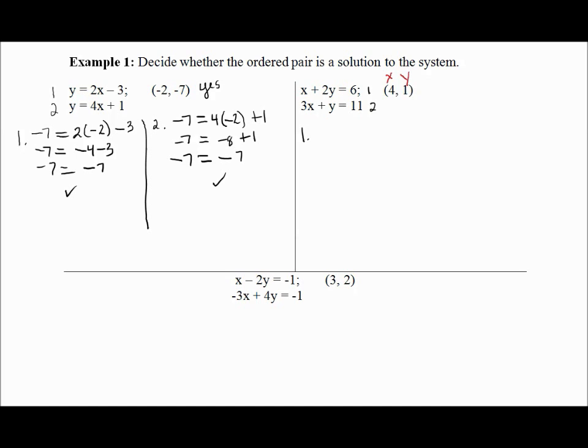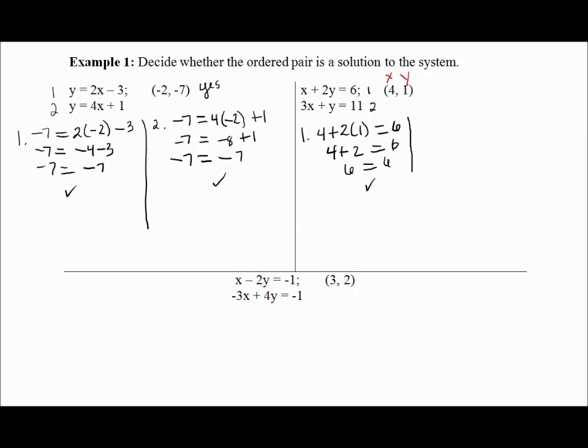Equation 1 is x plus 2y equals 6. After I substitute the values, it becomes 4 plus 2 times 1 equals 6. On the left side, 2 times 1 is 2, and 4 plus 2 is indeed 6. So that checks out for the first one.